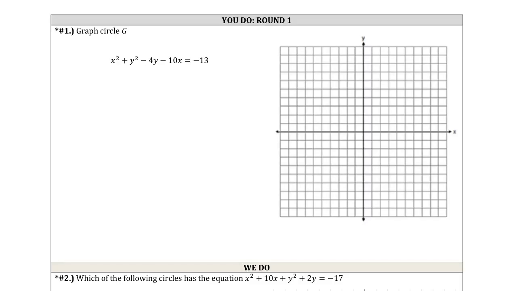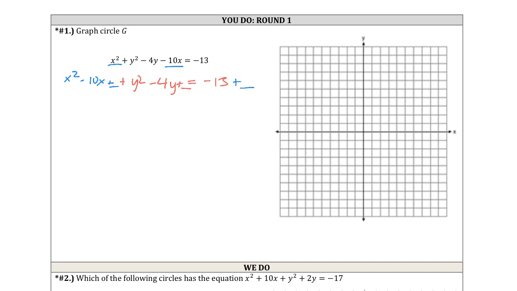Looking at this first example, first thing I want to do is group my x's together. So I got x squared minus 10x plus y squared minus 4y equals negative 13. Constant's already over there, so that's good. I'm just going to add numbers to both sides to complete the square. So I need to add something for the x's, I need to add something for the y's.